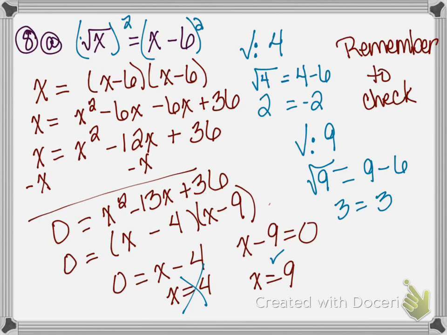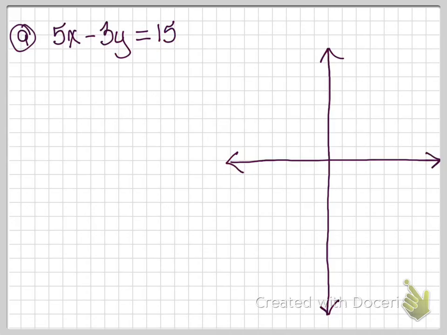Okay, now we're going to graphing. So we are graphing 5x minus 3y equals 15, and you are using the method of your choice. So I'm actually going to do this two different ways. The first way I'm going to do it is we are going to graph it using intercepts. Okay, so I'm going to find the x-intercept first. And the way I find the x-intercept is I put 0 in for y.